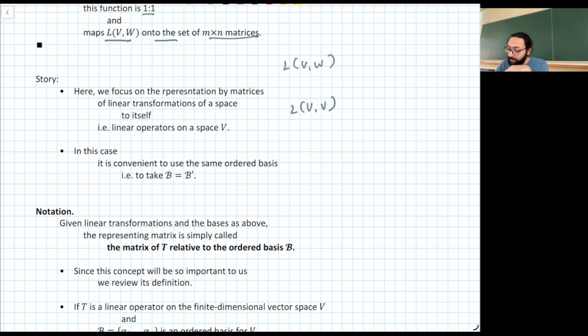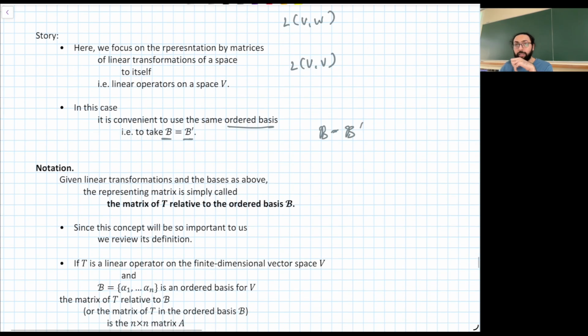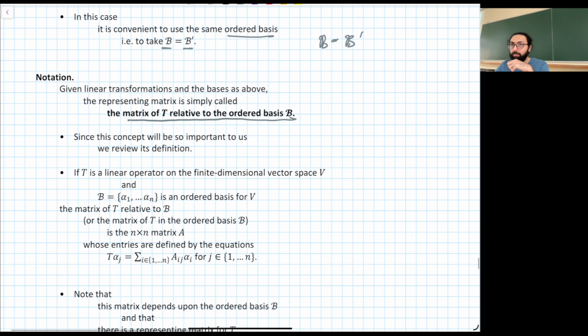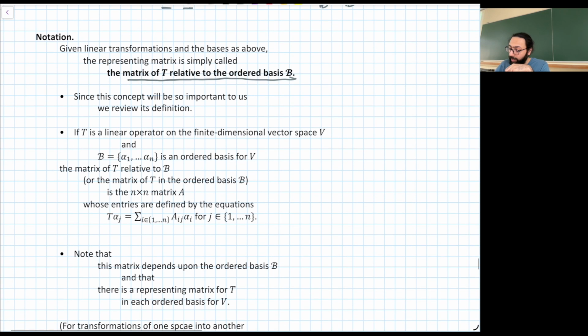And in this case, it is convenient to use the same ordered basis. So we want to take B to be the same as B prime. So not only are we taking the same space, we're also taking the basis to be the same. So here's some notation. Given a linear transformation and the basis as above, the representing matrix we simply call the matrix of T relative to the ordered basis B. Since this concept will be important to us, we review the definition.